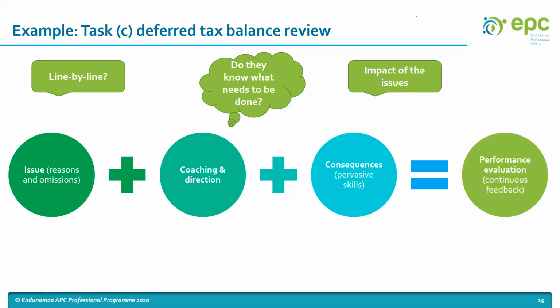But if not, then you'll say, what would have helped is if you had inserted a column for the temporary difference and a column for the tax rate, just so that it's easier for review. Not necessarily that they got it wrong in task C, but for presentation purposes, it's just deviating a little bit from what you know.